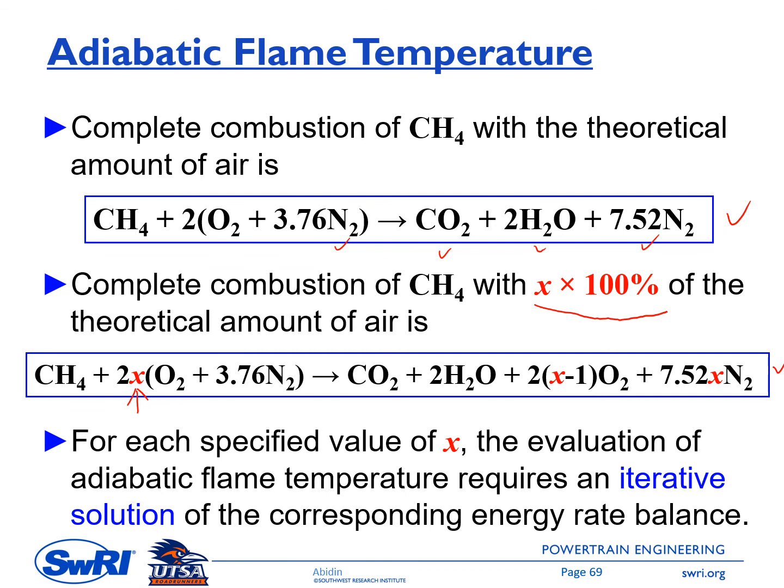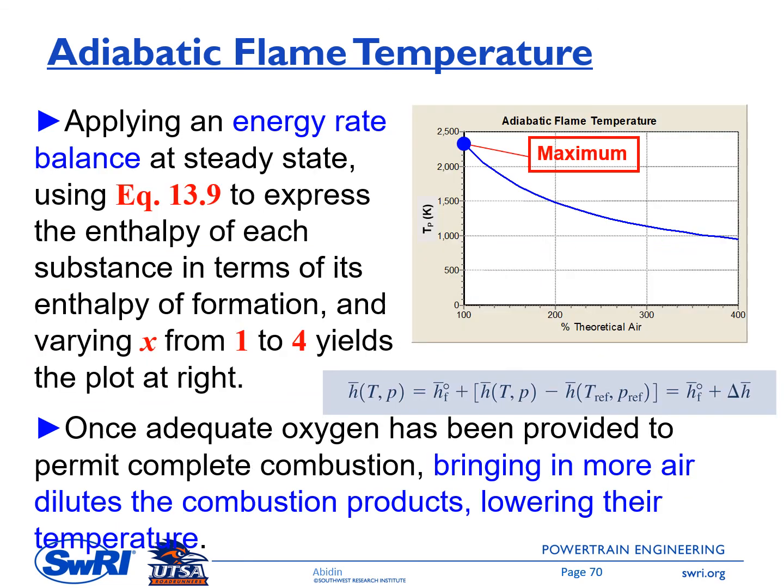For each specified value of x, the evaluation of adiabatic flame temperature requires an iterative solution of the corresponding energy rate balance. So we have the energy in the reactants and the energy in the products that need to be balanced, and this can be done by an iterative solution to get the appropriate flame temperature.